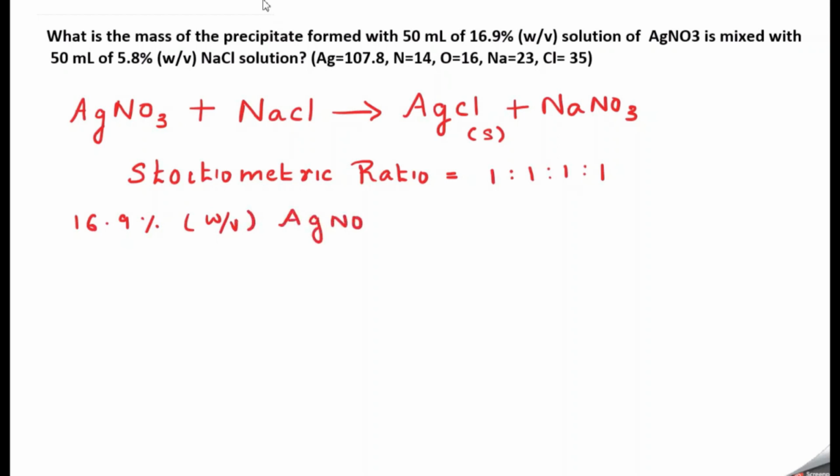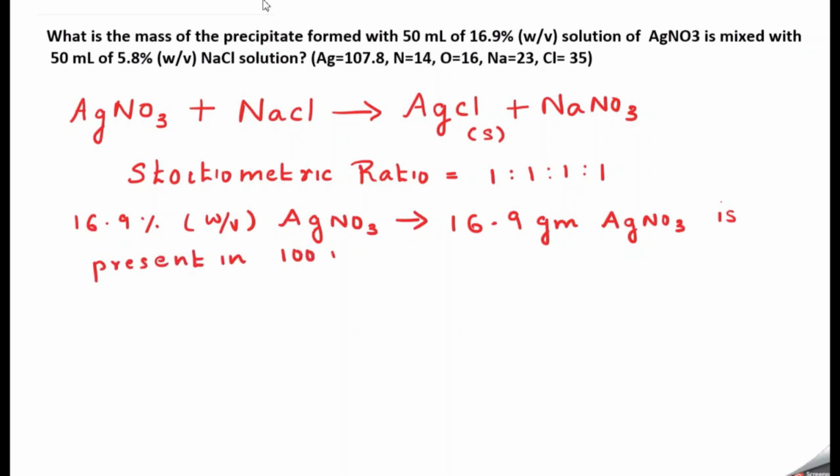If you understand this perfectly, then this question becomes very easy actually. So this means 16.9 gram AgNO3 is present in 100 ml of solution. Correct?